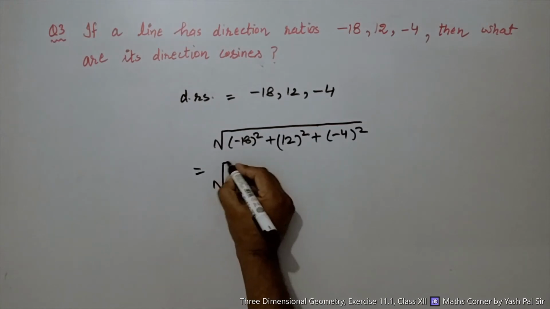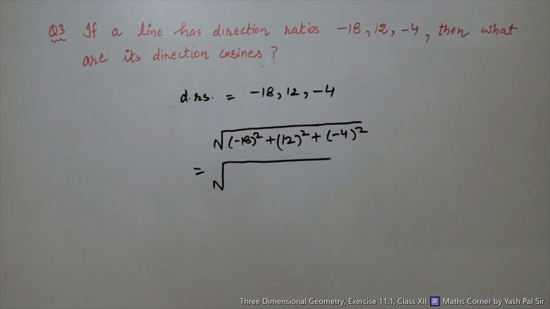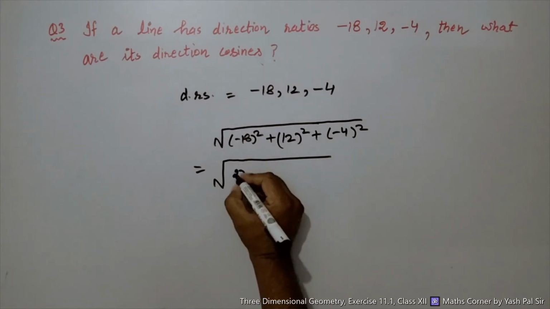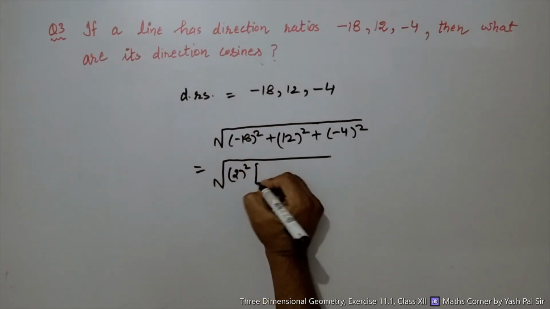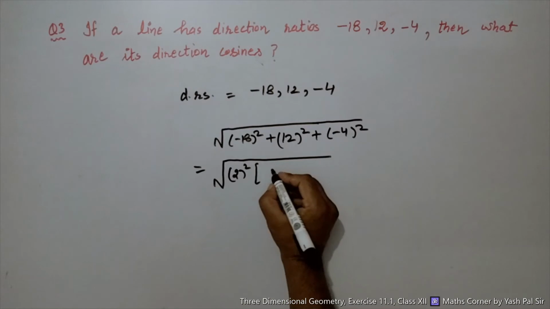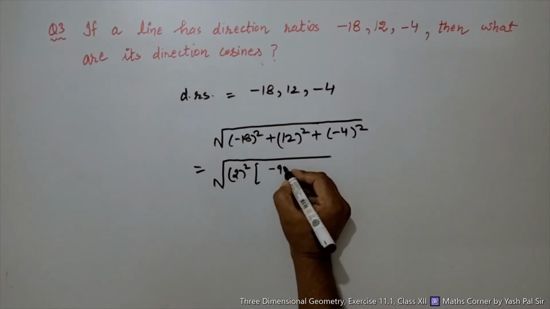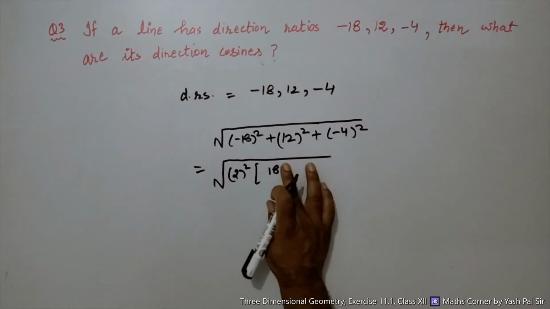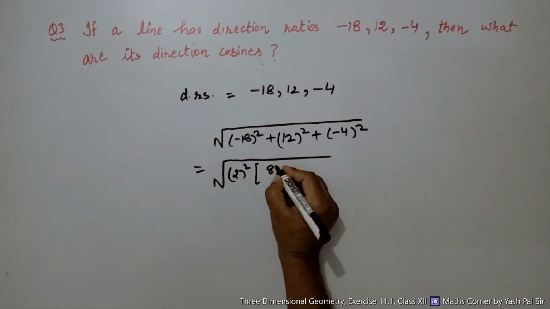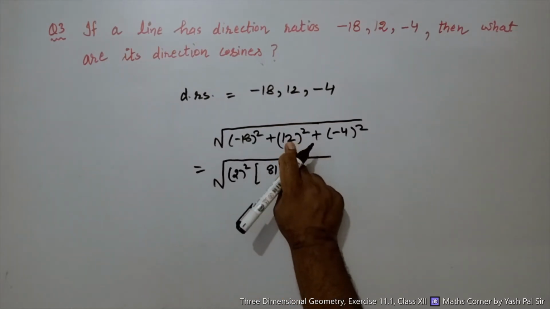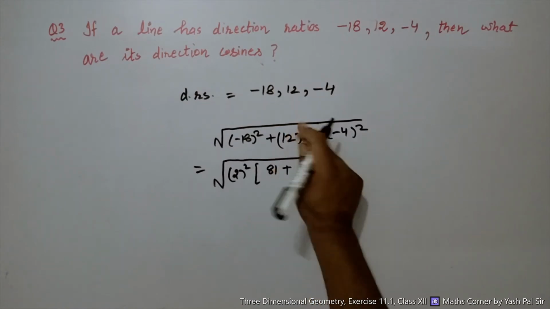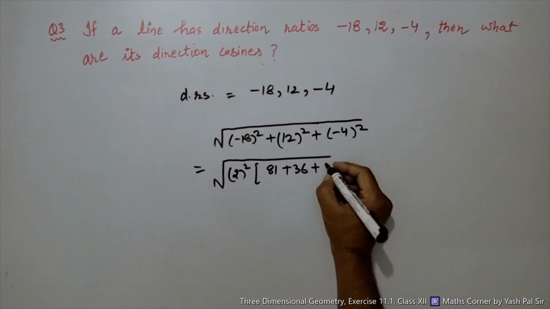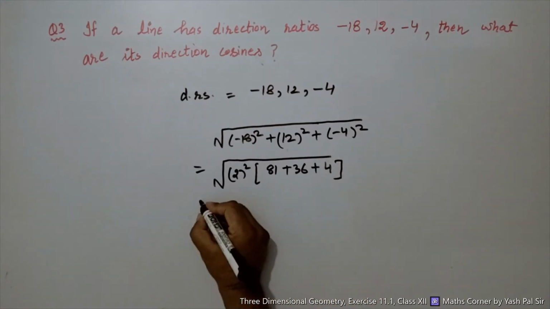So this is equal to square root of, taking 2 common, 2 square is taken outside, so we have (-9) square, which is 81, plus 2 is taken, so this is 6, 6 6s are 36, plus 2 2s are 4.